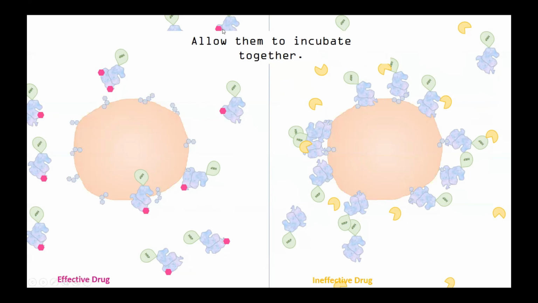So we're actually blocking them. So it's not interested in the carbohydrates on the outside of our cell. In the case of the ineffective drug, we can see that we still get a lot of binding of this ricin to the carbohydrates on the outside of the cell, and the drug is not really doing anything.